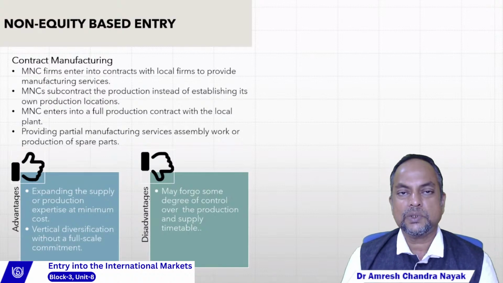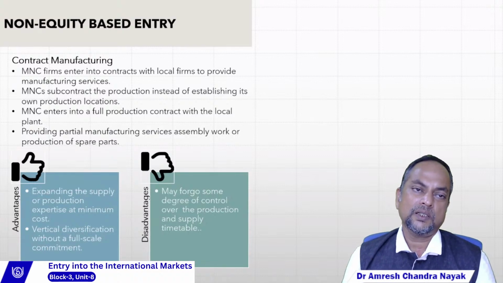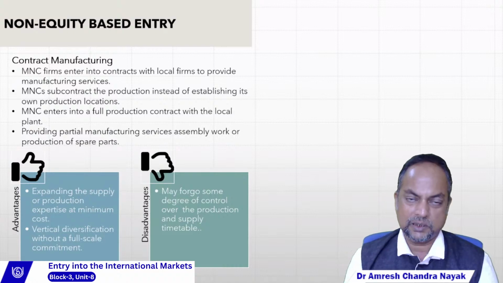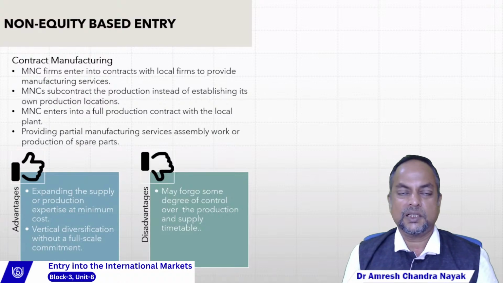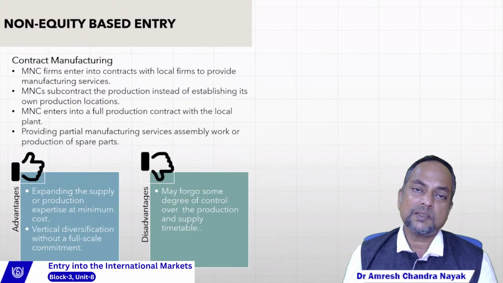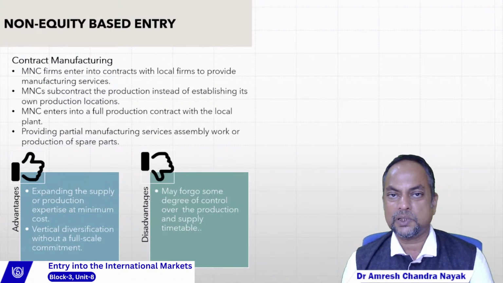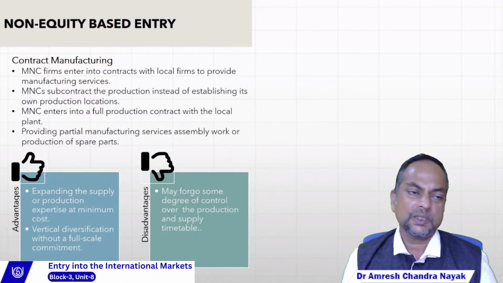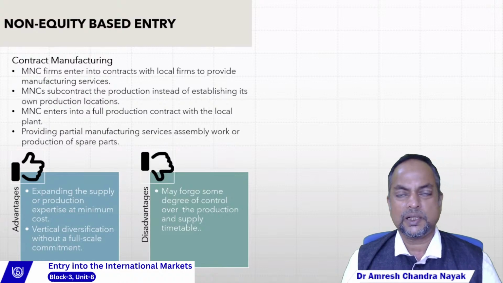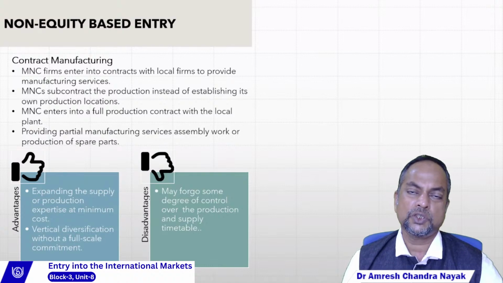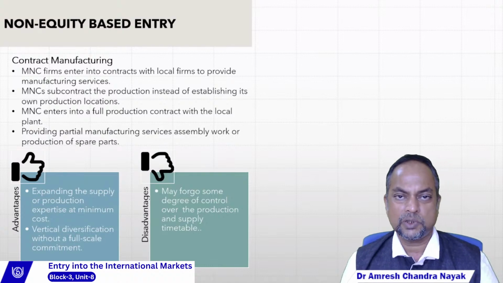Now we need to understand one thing: at the beginning, organizations go for exporting their products which are manufactured at the domestic level. Then they make certain investments to establish themselves in the host country, like creating a distribution channel, creating a particular channel through which we can manage the human resources of the organization.